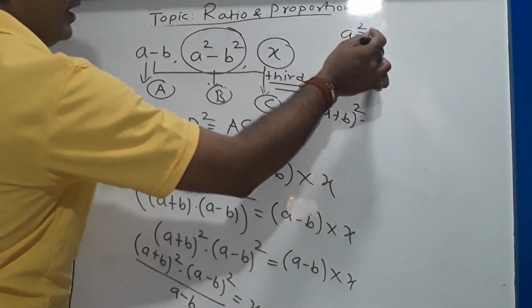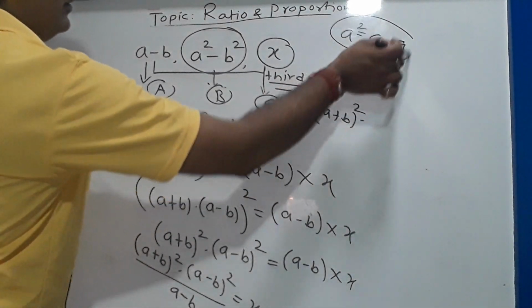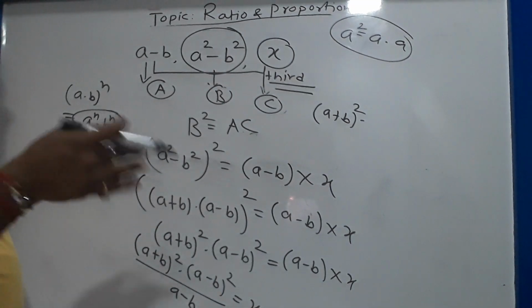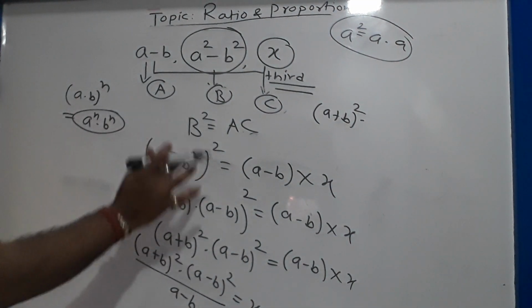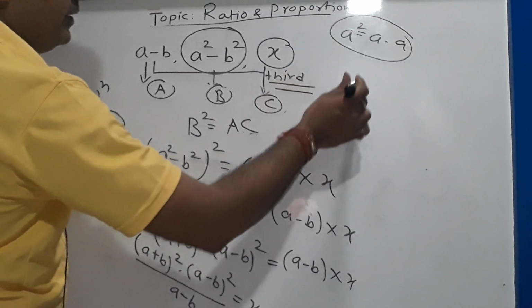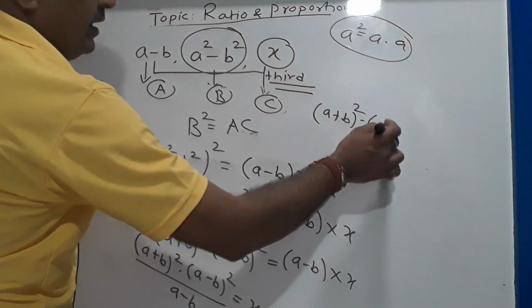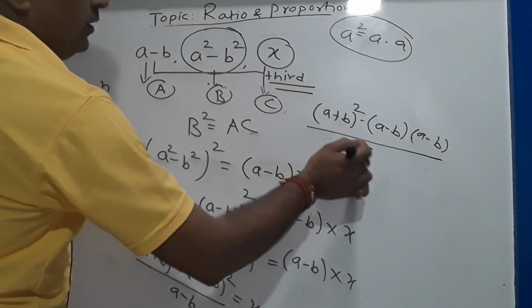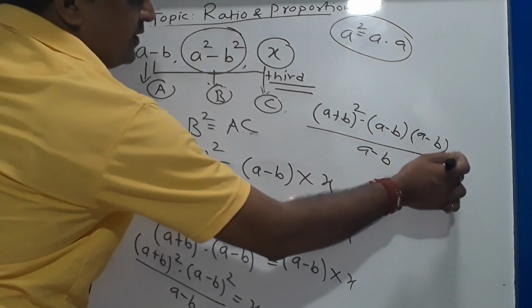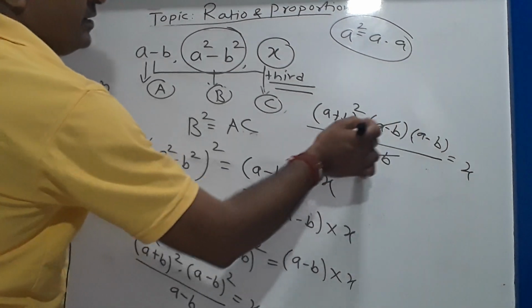So go by the basic result. A square I can write as A into A. So (A plus B) whole square as it is, and (A minus B) square I can write as (A minus B) into (A minus B), upon A minus B is x. One A minus B gets cancelled.